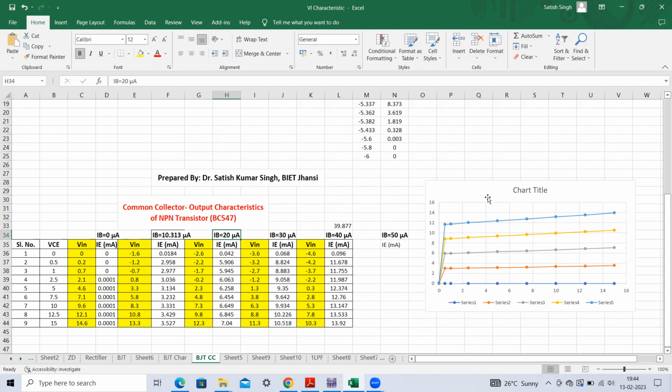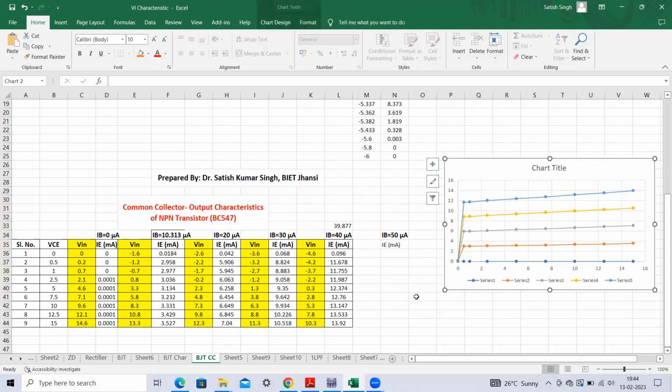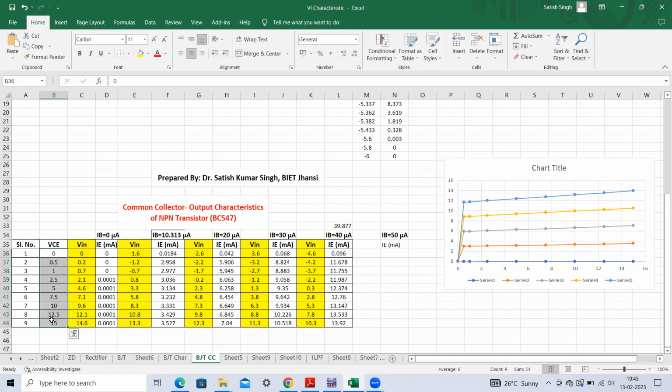Now, to draw this particular graph, on the x-axis we have the collector to emitter voltage drop, and on the other axis we have the emitter current. To obtain this curve, select this particular column and then select all the corresponding IE columns.